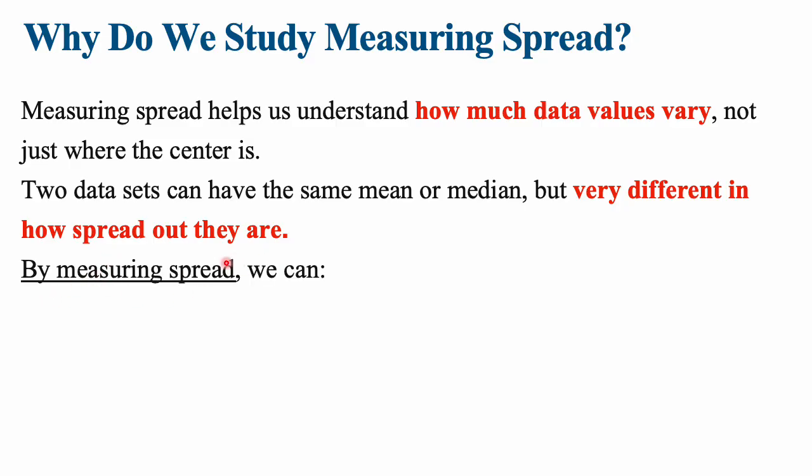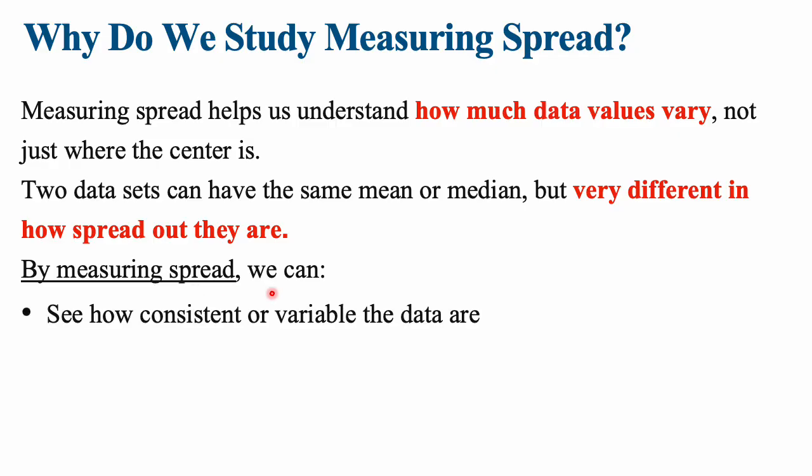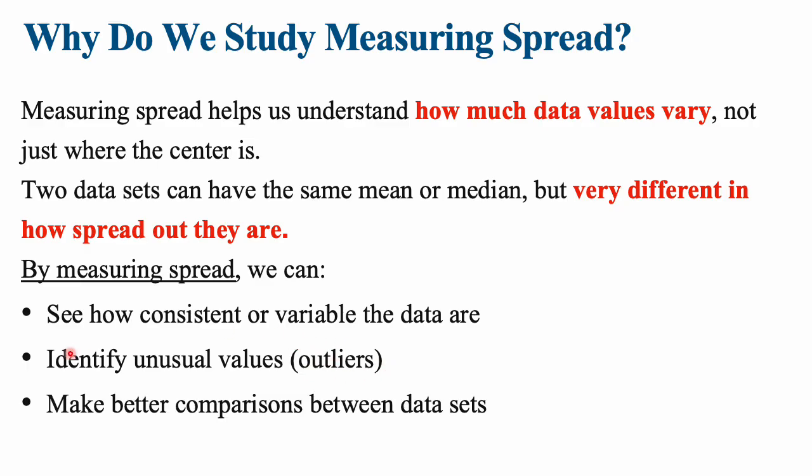First, by measuring spread, we can see how consistent or variable the data are. Second is to identify unusual values we call outliers. Third, you can make a better comparison between two different data sets, even though the means are the same.